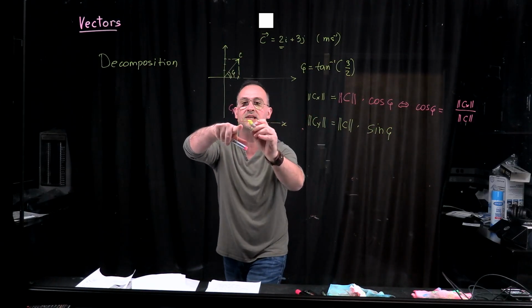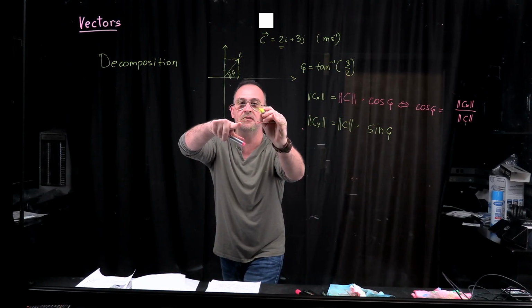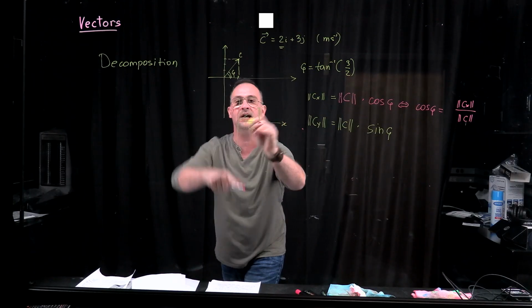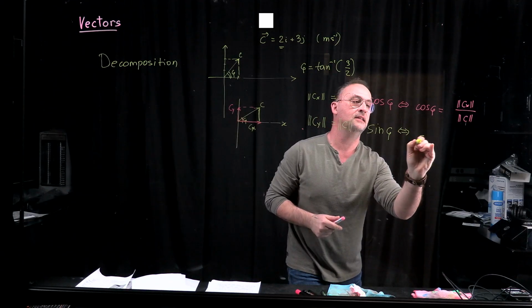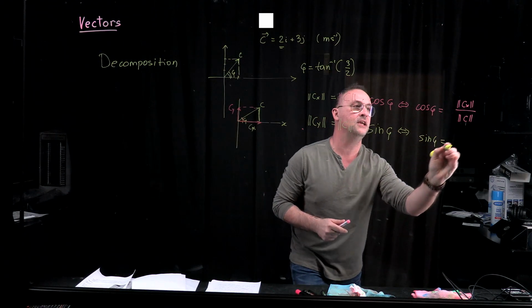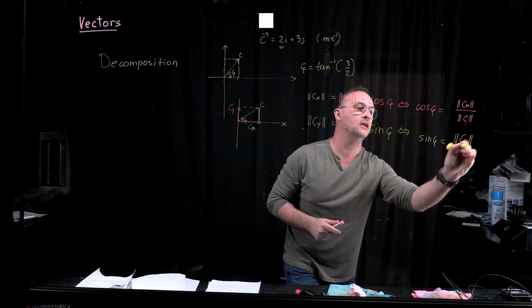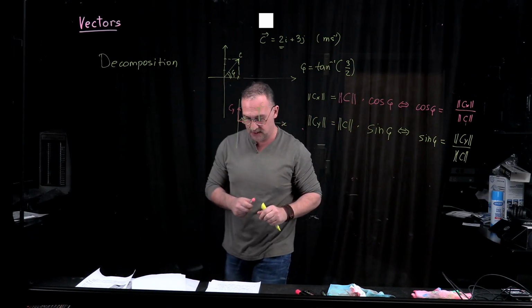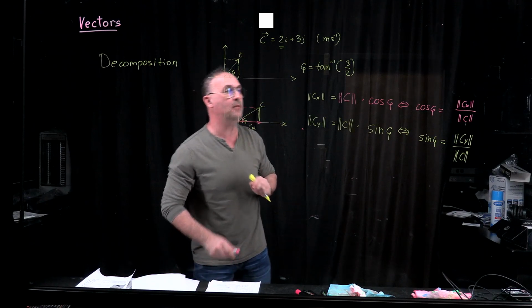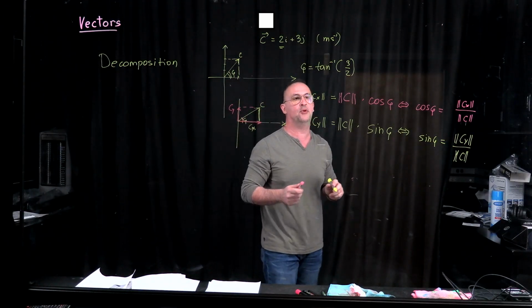Let's see why. The sine phi is the opposite side, this guy, divided by the hypotenuse. Again, you can see very easily that the sine of the angle phi is C sub y divided by the magnitude C. Let's run a couple of calculations and see what we come up with. It's going to be pretty interesting, I promise you.